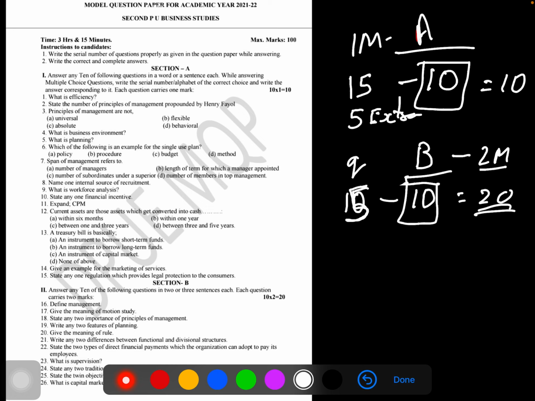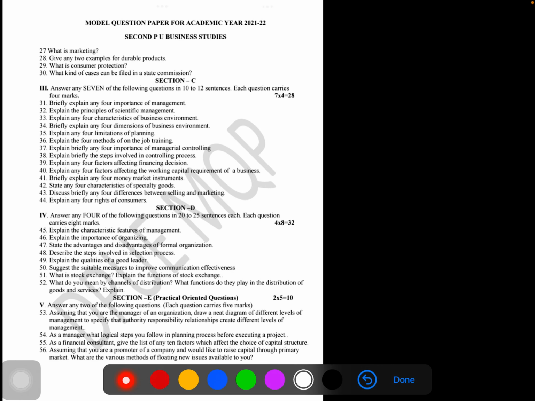Then when it comes to Part C, Section C is completely 4 mark questions. Each question carries 4 marks. You have 14 questions, and out of 14, you have to answer only 7.